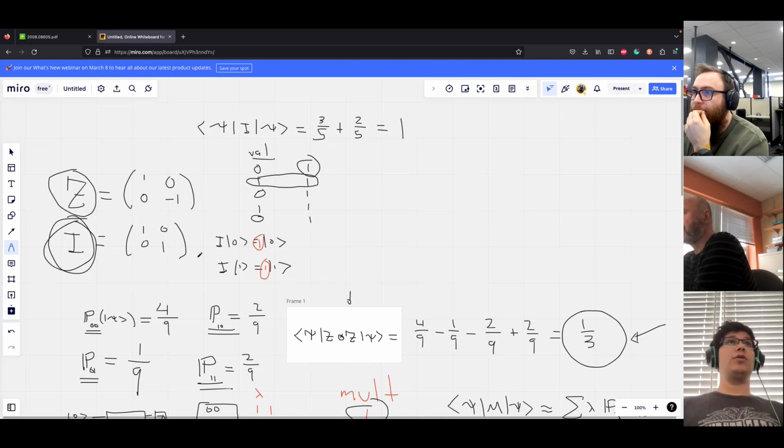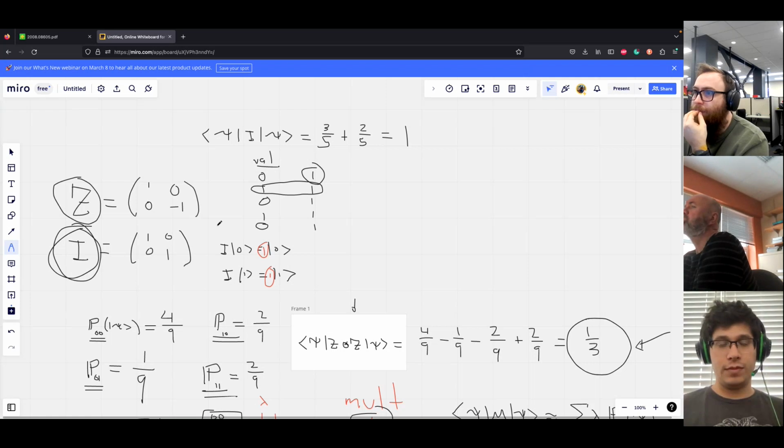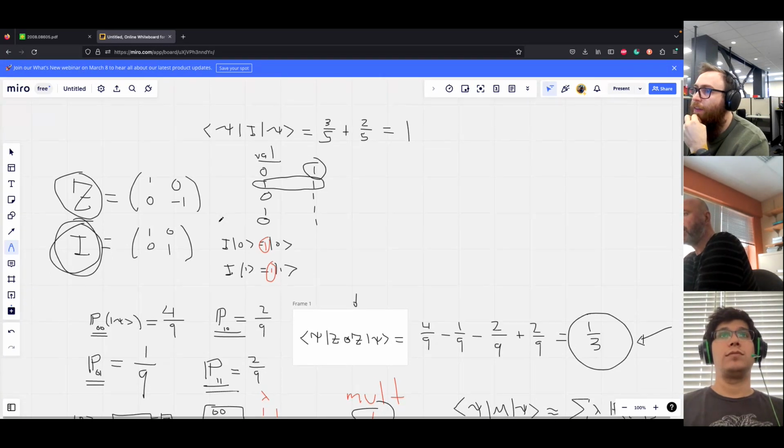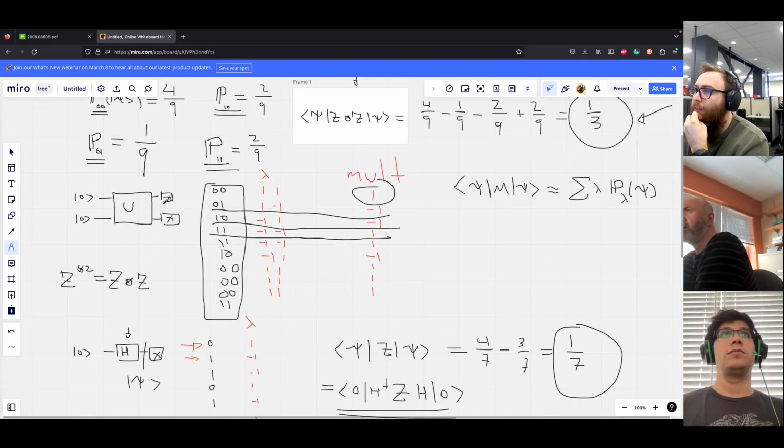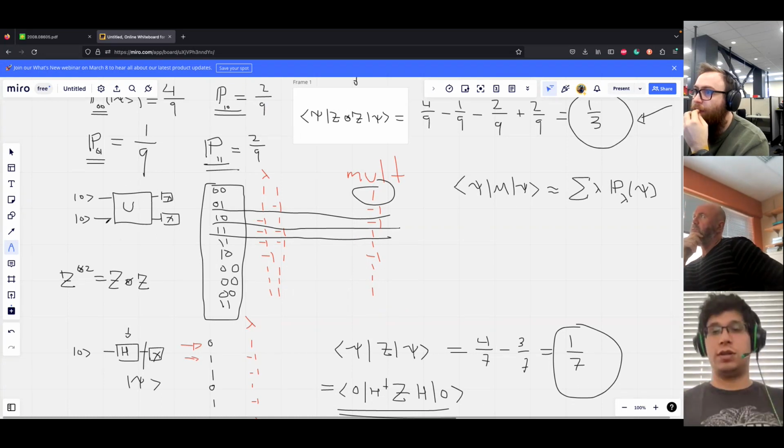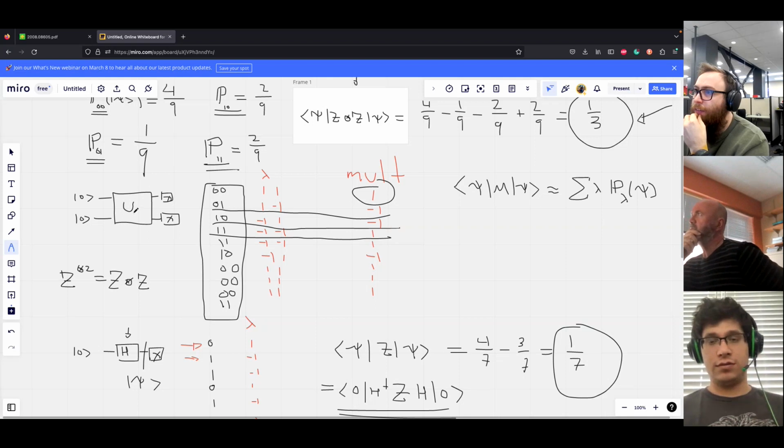Yes. But now there are other operators that you can measure. But we have another operator just before, the U operator in your diagram just below. What's this U? This is just a quantum circuit. So is it the expected value of the U operator or the Z operator?